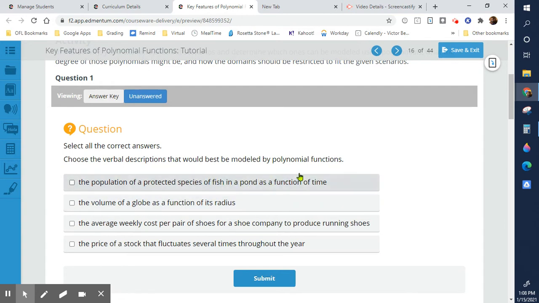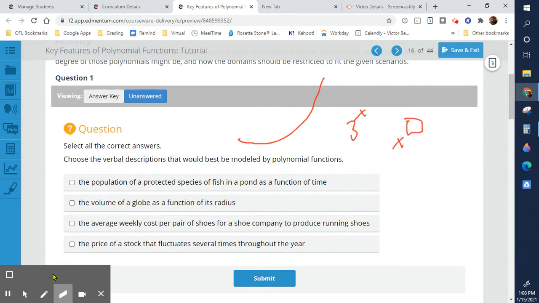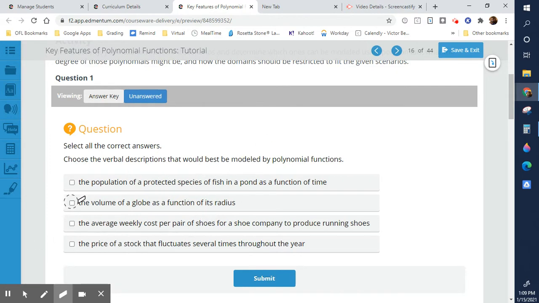This could be exponential, and just to be clear, exponential is when something grows over time, meaning that the exponent is the x. We don't have x to a power. So it could be exponential, but I don't know if it's appropriate to consider it a polynomial.